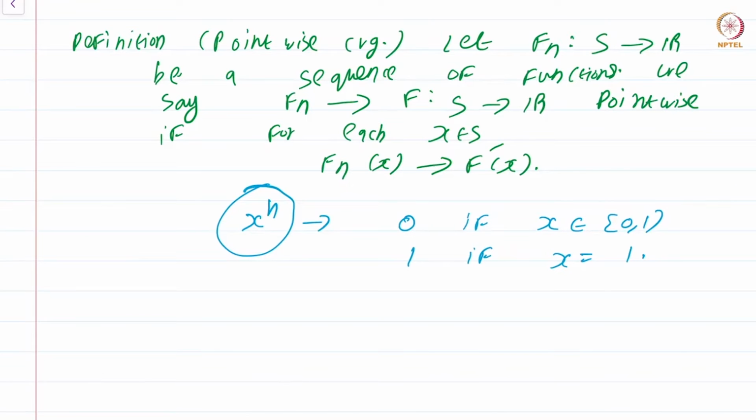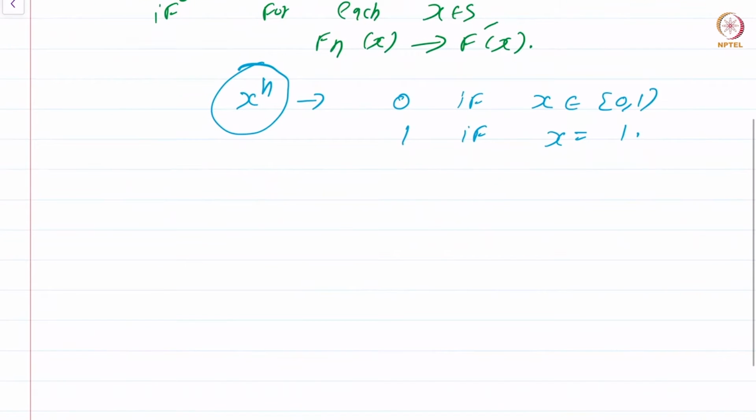So what we are going to now do is to reverse engineer and try to find some appropriate condition that will guarantee that the limit function is continuous. To do that, let's see what goes wrong if we naively try to prove that the limit function is continuous. We consider f_n converging to f pointwise.